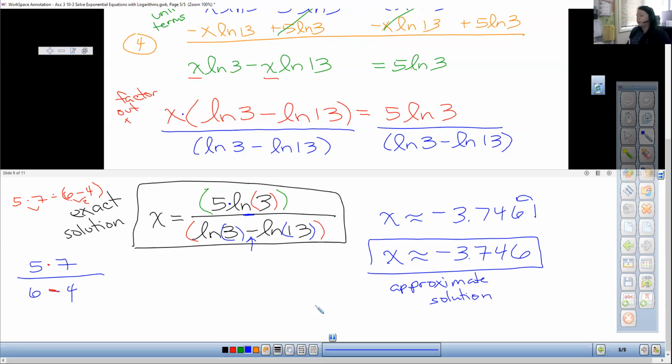And remember, x started out in the exponent position, and so the exponent can be any real number. Again, an exponent can be any real number: rational, irrational, positive, negative, or 0. Any real number. So this is perfectly valid for an exponent solution.